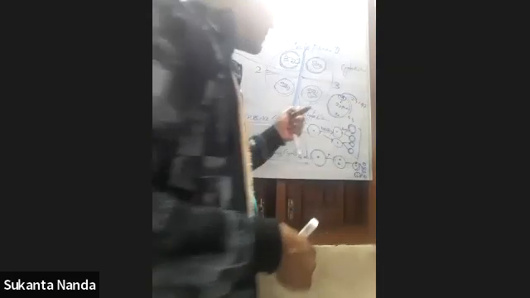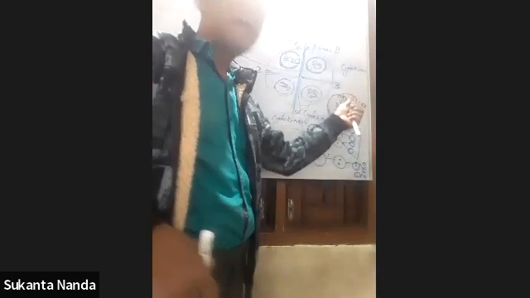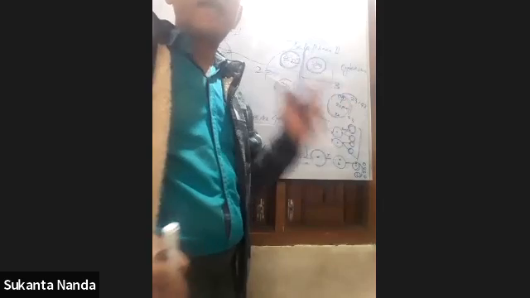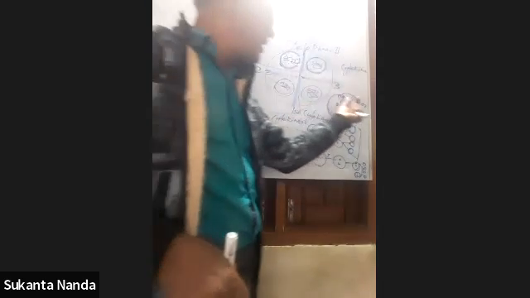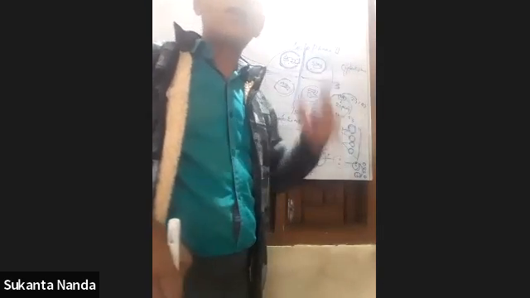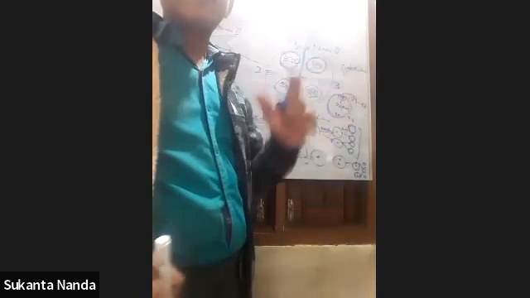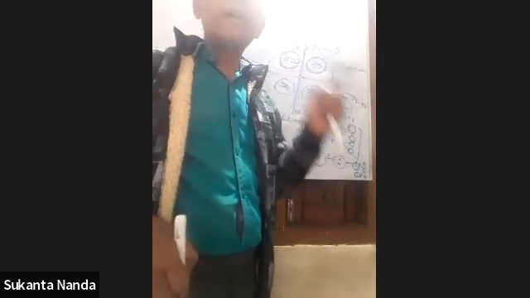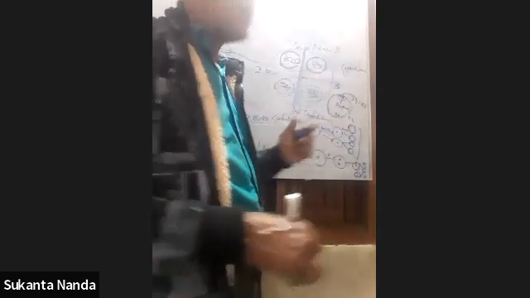Sometimes this is called aneuploidy. In aneuploidy, the number of chromosomes decreases or increases. Increase or decrease in the number of chromosomes in a cell is called aneuploidy.